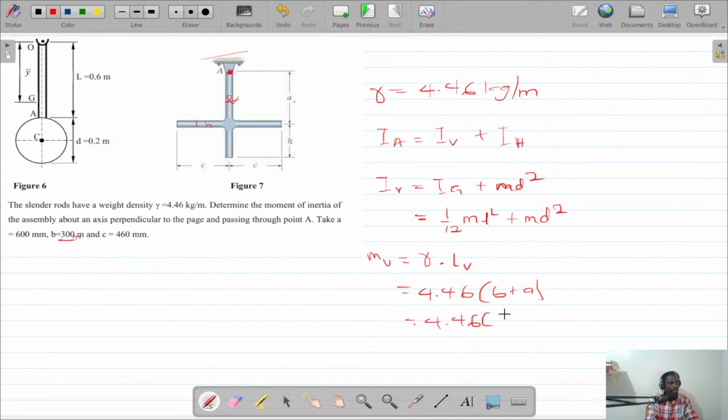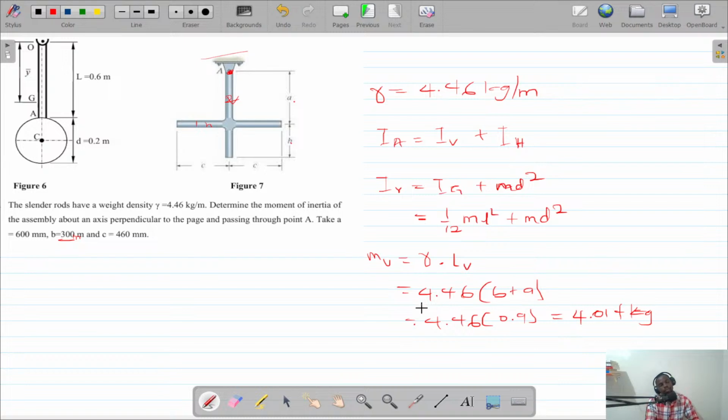That will be 900 millimeters, which is 0.9. So 4.46 times 0.9 gives us 4.014 kilogram. And so we know the mass, and L is B plus A, and D is half of the length.